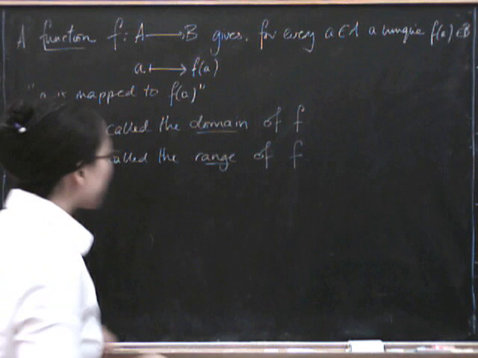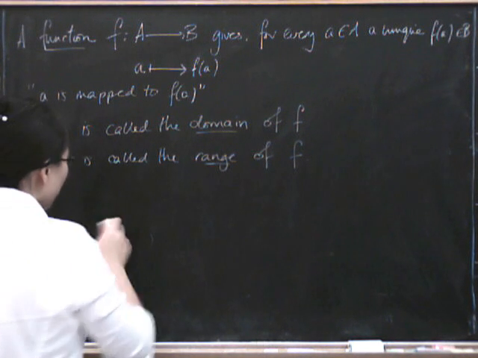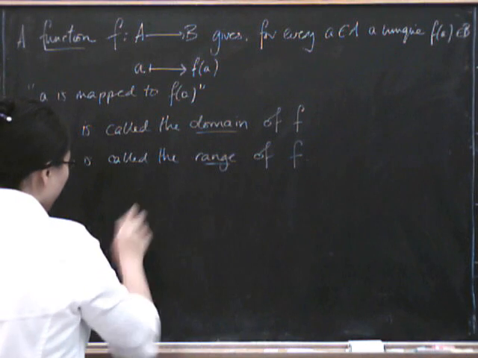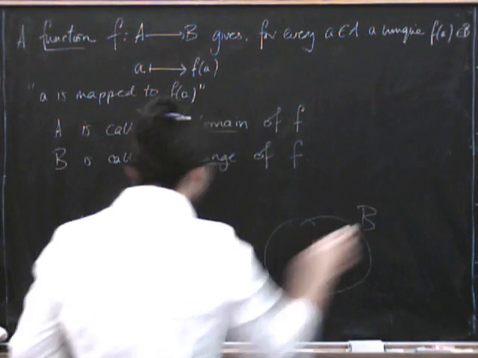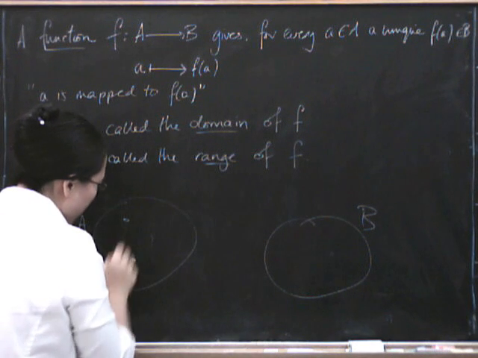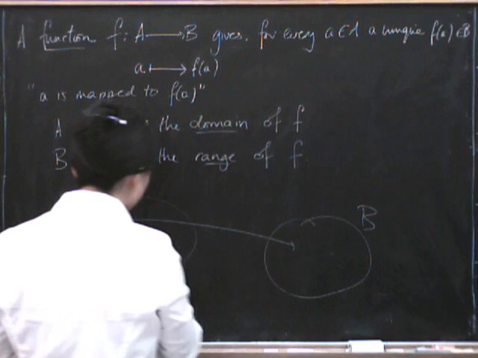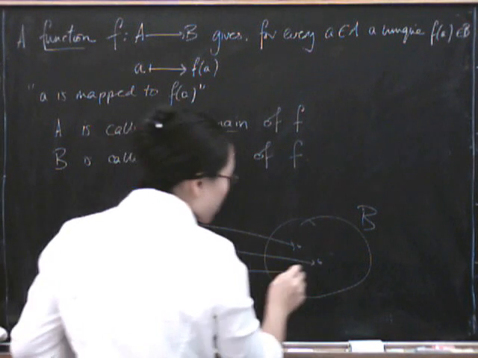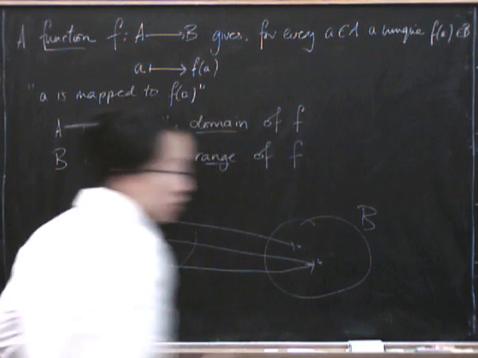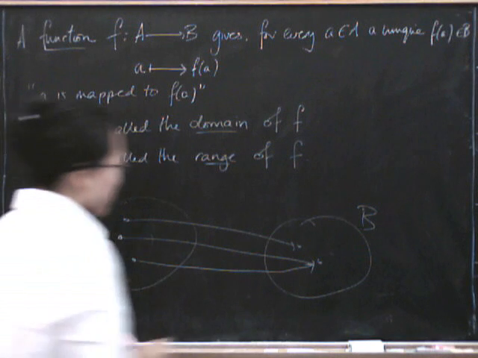So let's have some examples of functions. Well, let's draw a picture first of all, the kind of thing we can have. So if here's a set A, and here's a set B, what we're saying is that here are some elements of A, they've all got to get sent to some elements of B. And you could send two elements to the same place, that's fine.